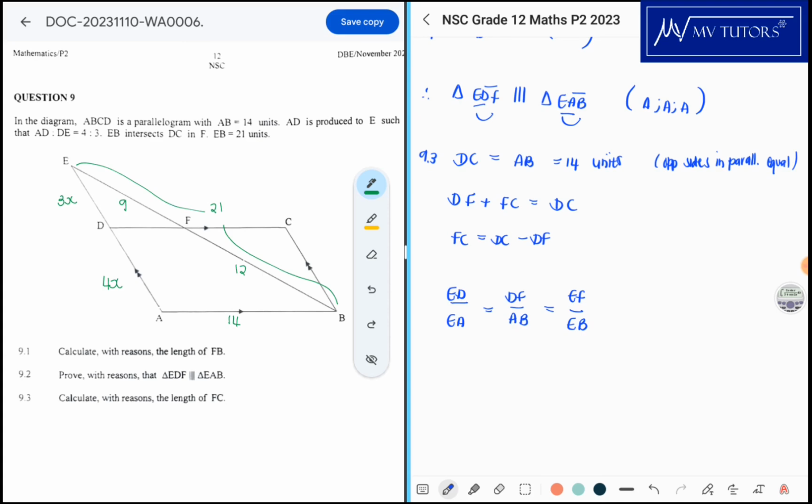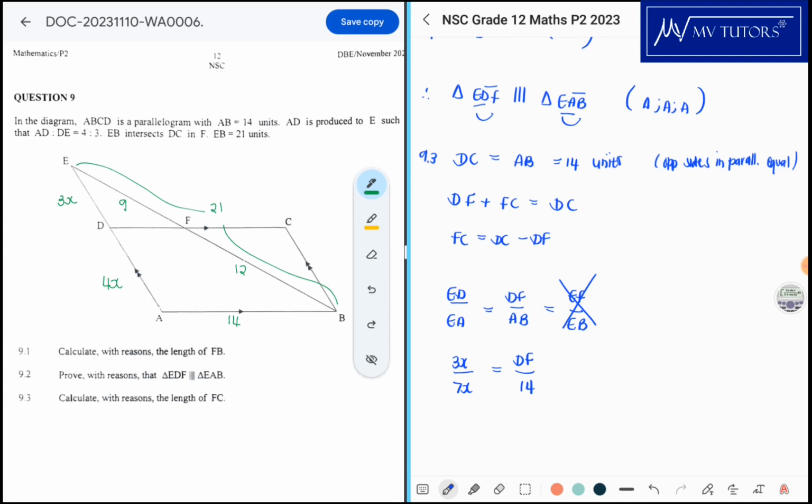All right, so what do we know? Do we know ED? Yes, that's 3x. Do we know EA? Yes, that is 7x. Do we know DF? No, that's what we're looking for. And then AB, yes, that is 14. So we're not even going to bother with EF and EB because we don't really need it.